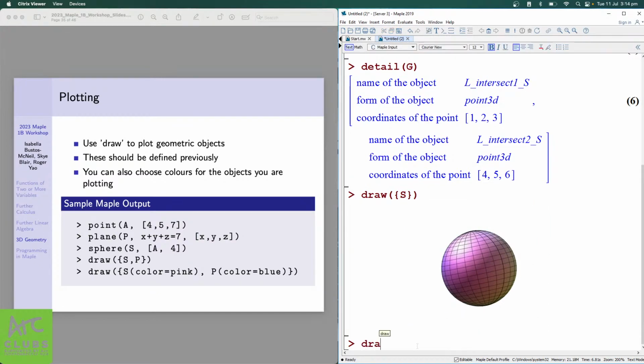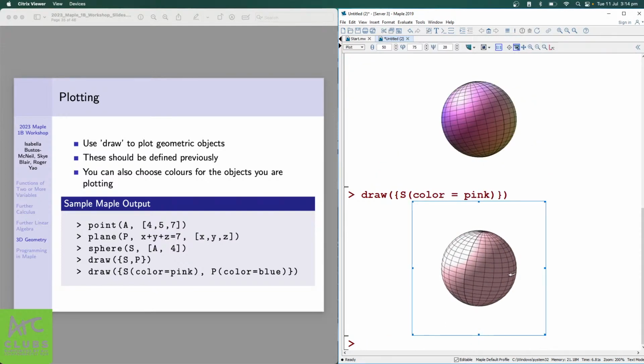Now, things we can do with this is we can specify what color we want the sphere to be. So we have S, let's give it the color, let's do pink. And that creates the same sphere, but in pink this time.